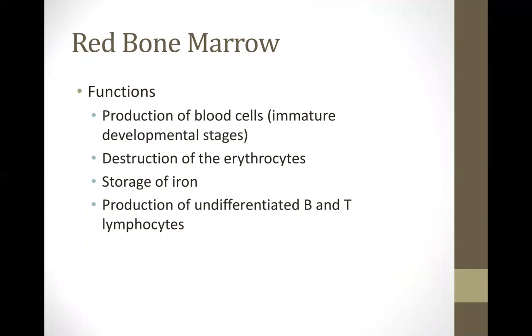Now, we can visualize bone marrow in the different immature developmental stages, but actually, it is quite difficult to identify the different developmental stages if you are talking about bone marrow. But we will be talking about each stage in a while, because we are medical laboratory scientists.